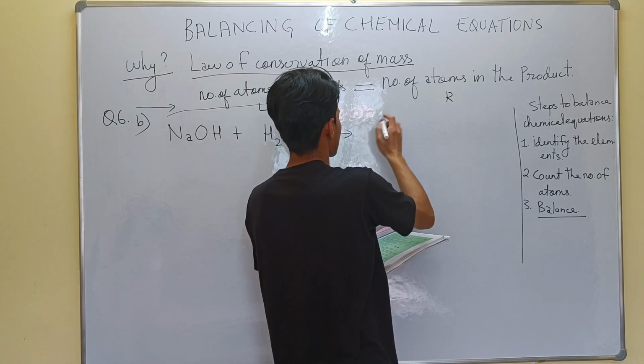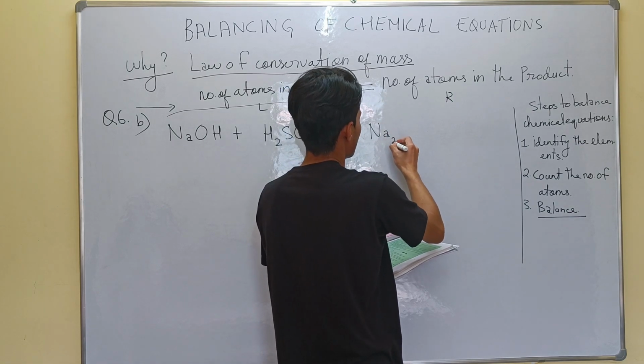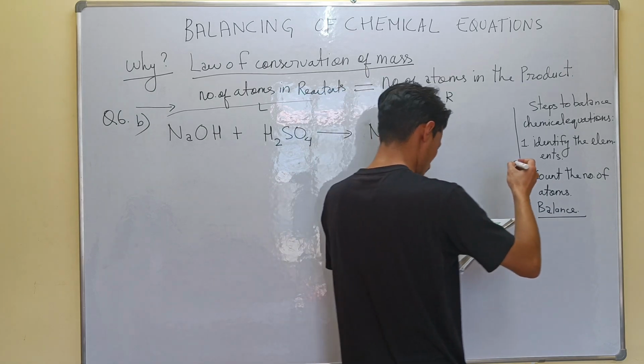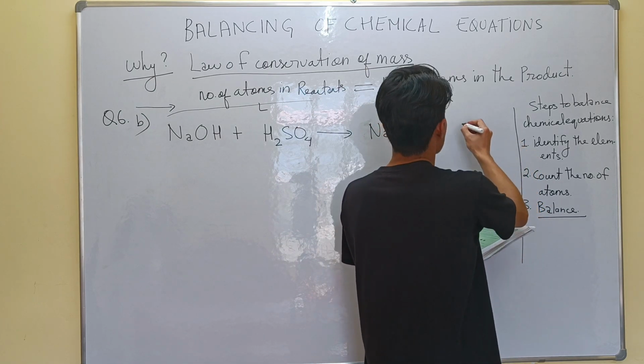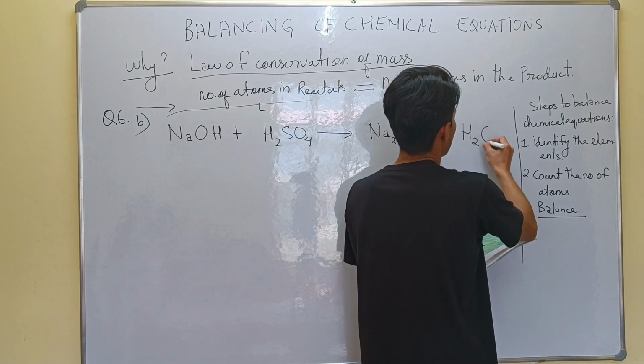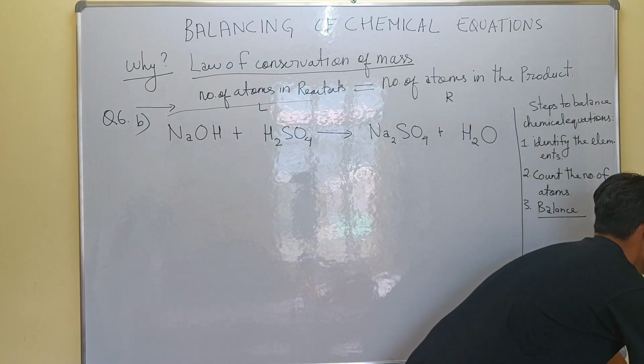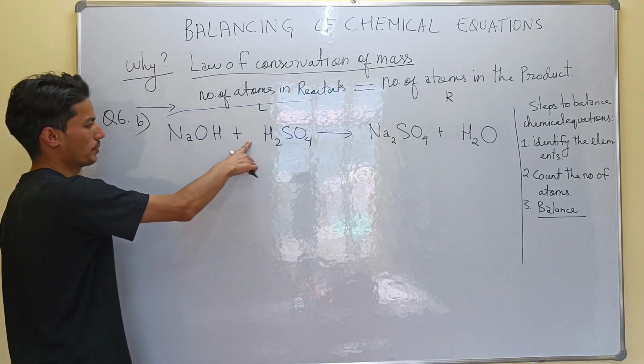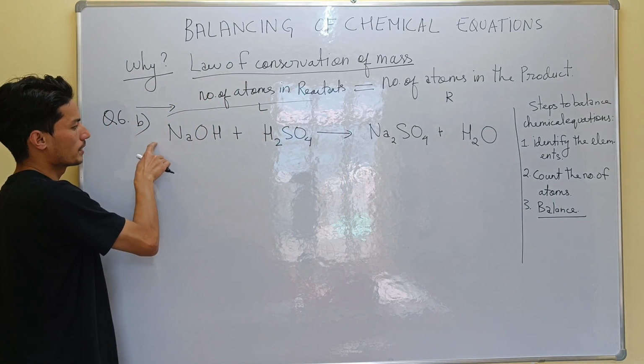Let's keep some space here. So always remember to keep some space here because we are going to write numbers now. If at all we have to balance, we will be writing the numbers here.